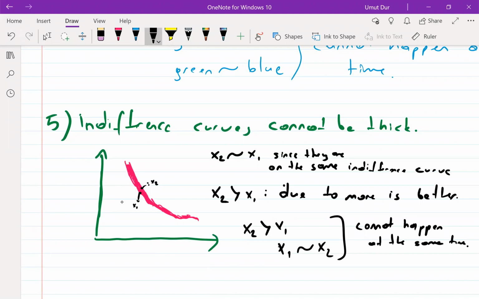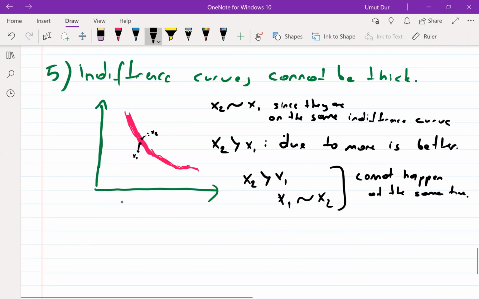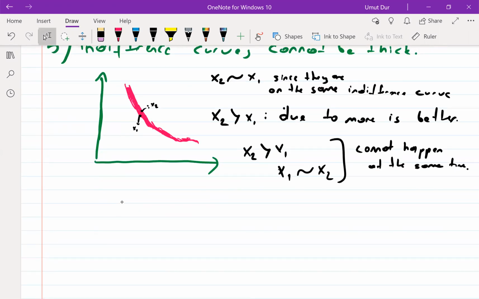If we always have the opportunity to work on graphs, we can do everything with indifference curves, but we cannot always use the graphs, so we need some kind of a mathematical representation.